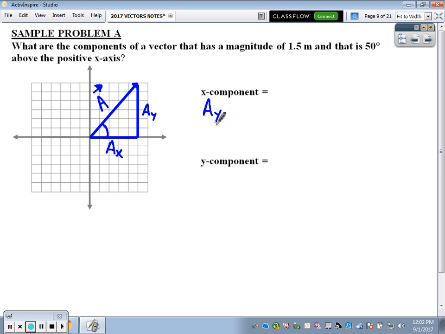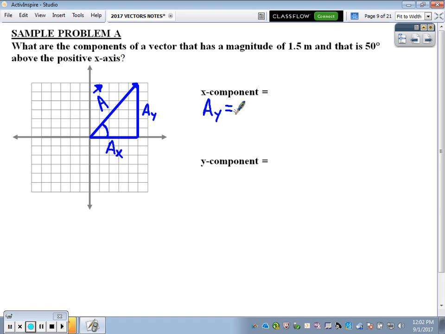Cosine. Okay? So I want to talk our way through this the first go around. So good. We'll use the cosine function. So without writing this down yet, let's talk our way through this. Cosine of theta would be equal to the adjacent over the hypotenuse. But we want to get the adjacent by itself. So what would we do? The cosine of theta times the hypotenuse, correct? So AX will equal our hypotenuse, which is labeled here as what?